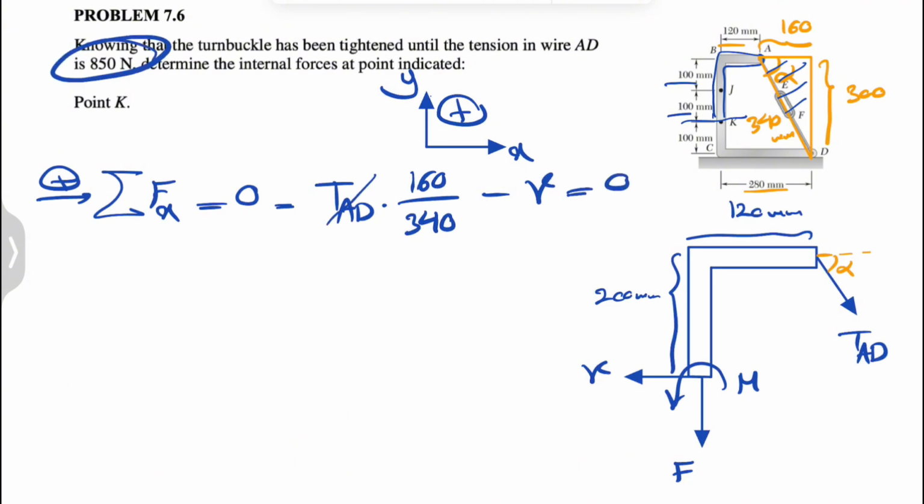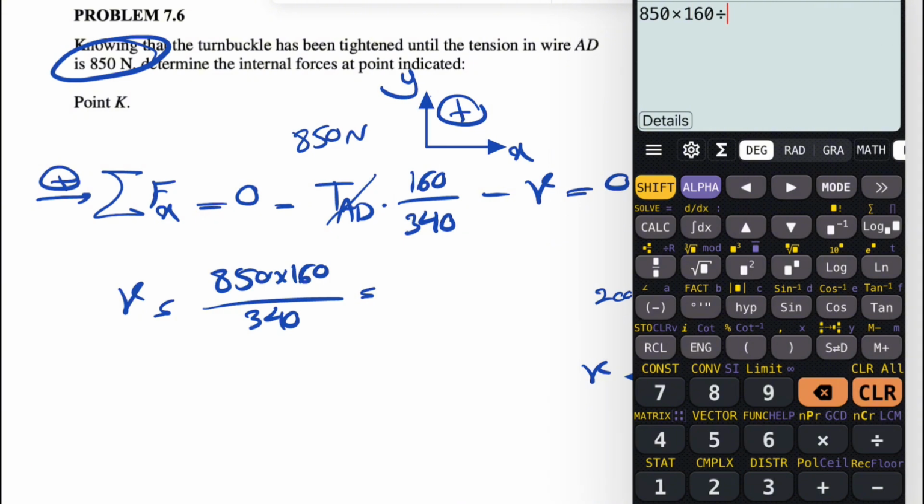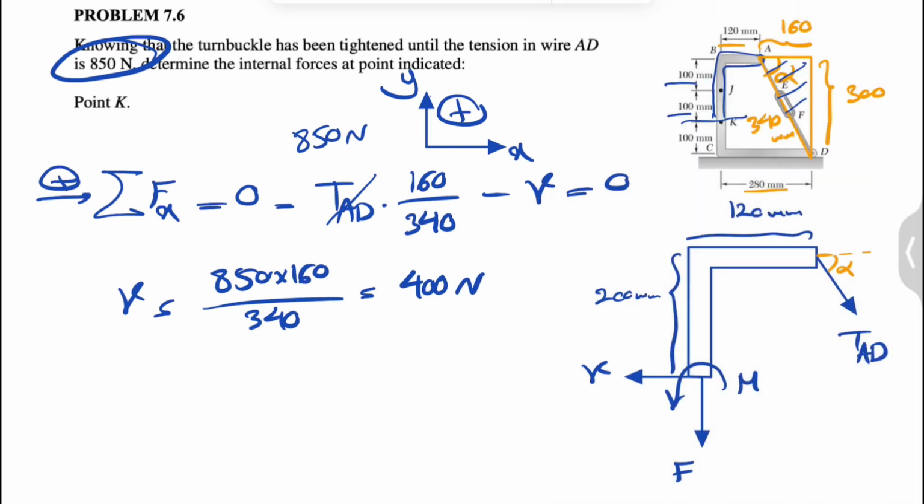We know our TAD is 850 newtons, so our V is basically 850 times 160 divided by 340, which is going to give us 400 newtons, no negative sign. So our assumption for the direction of V was correct.